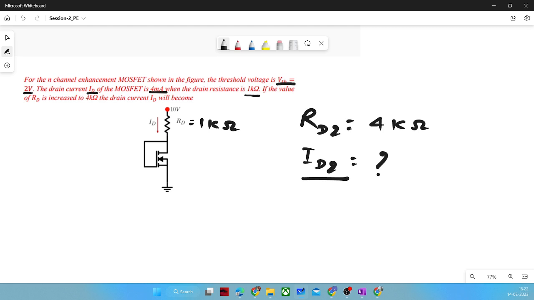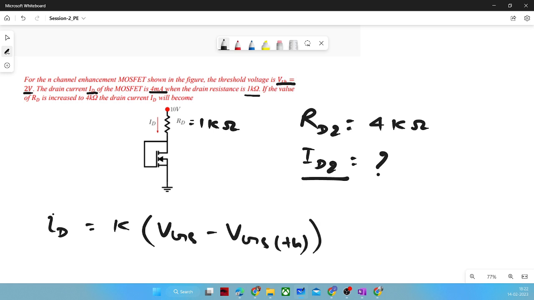So we will move ahead with some basic equations. First, since we have to focus on drain current, the drain current is equal to K times (VGS minus VGS TH) all square.